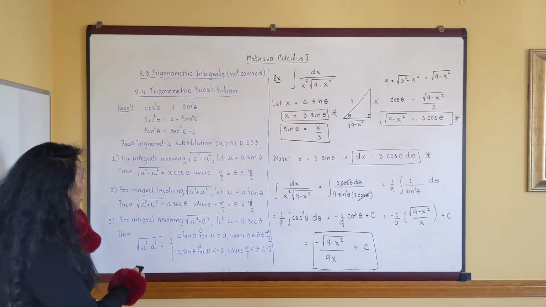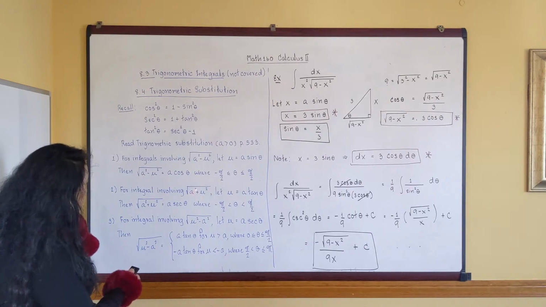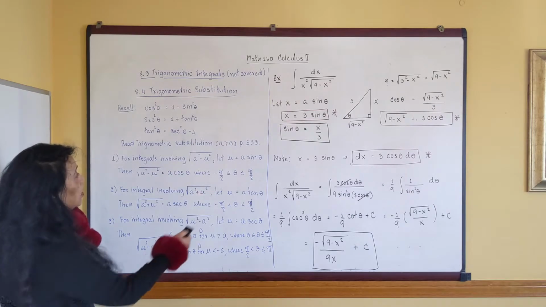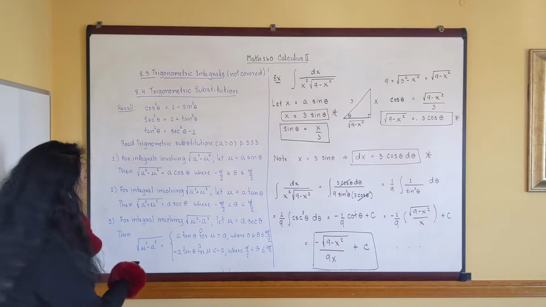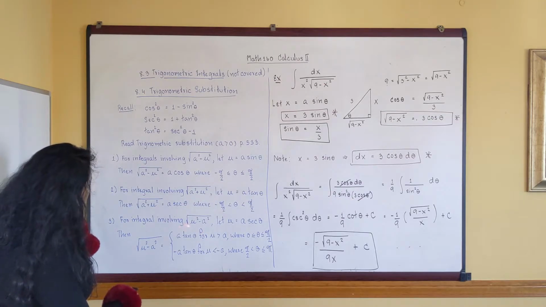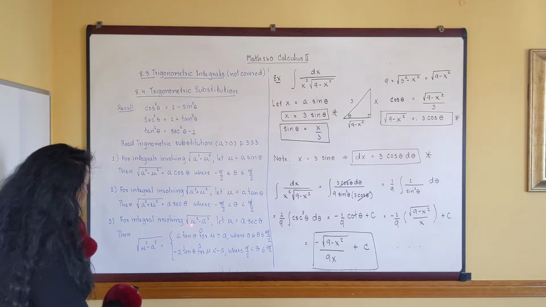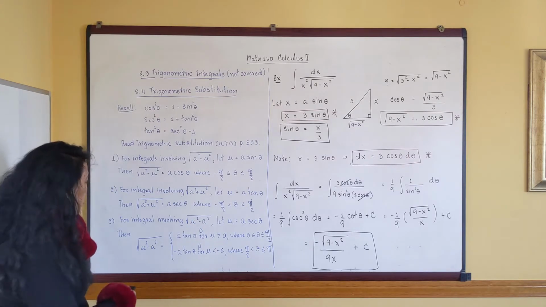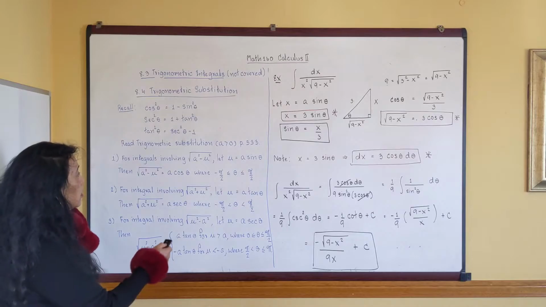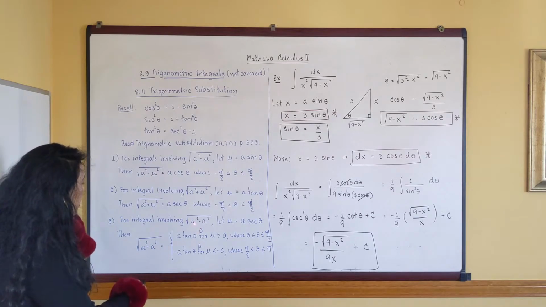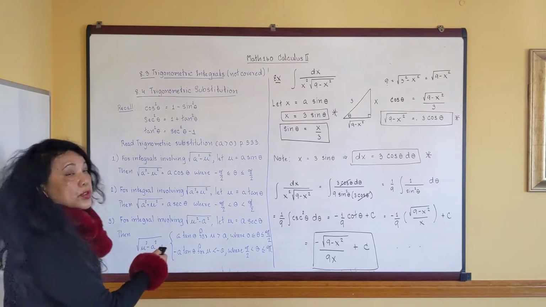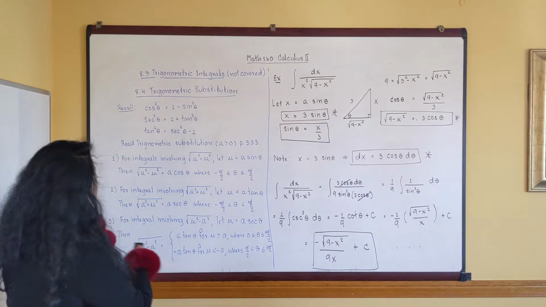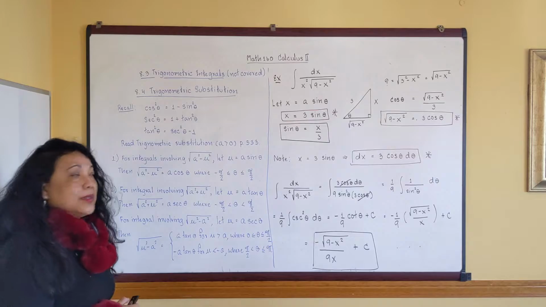The second formula is a squared plus u squared; we don't have a plus there, so the second will not work. The third property is u squared minus a squared, where u is the expression and a is the constant. We cannot use this one because the variable comes first and then minus the constant. So most likely we're going to use the first formula.